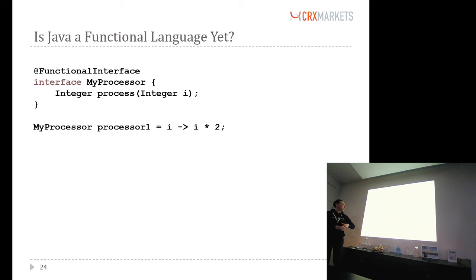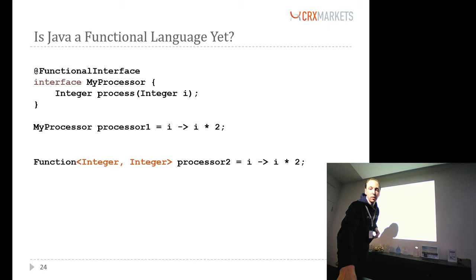Well, it looks pretty easy, and it looks like a lambda. But the problem here is that you can create another functional interface. Actually, we already have in Java a functional interface with one argument and a return value, which is called a function. And you can instantiate it with the same functional literal.